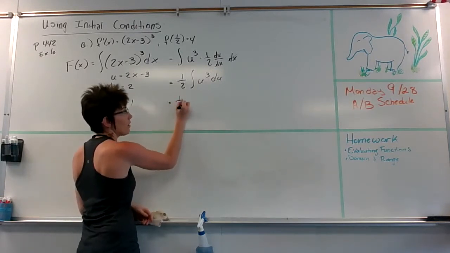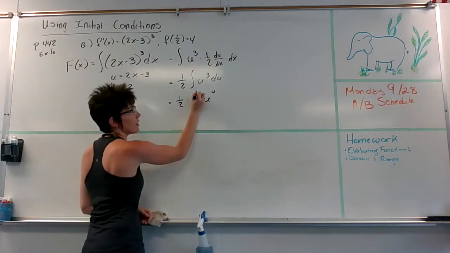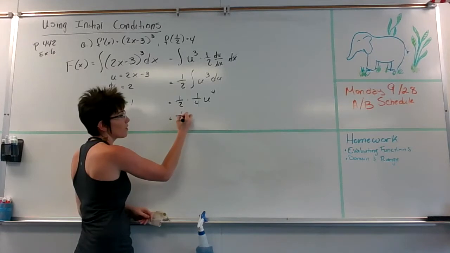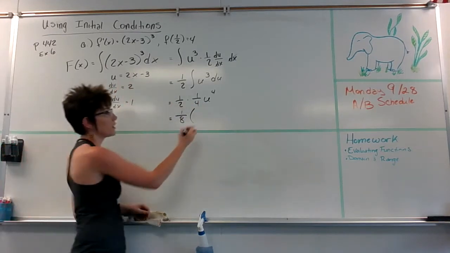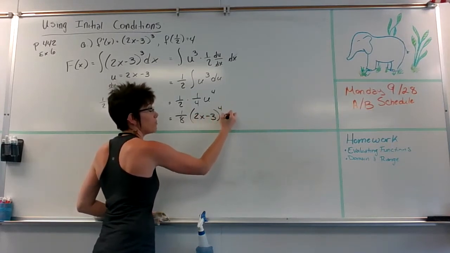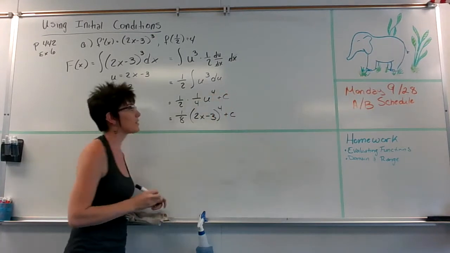So I get 1/2 times, increase by 1, I get 4, divide by the new, that's really a 1/4. And so I'm getting 1/8 times u, which is 2x minus 3, to the 4th power plus c. And technically, sorry, there would be a plus c there as well.